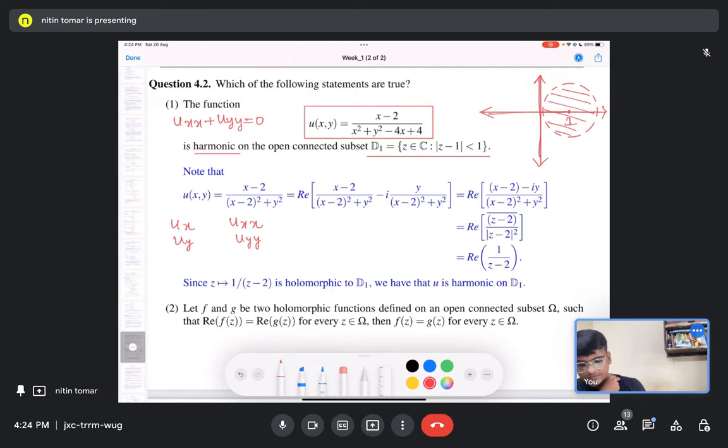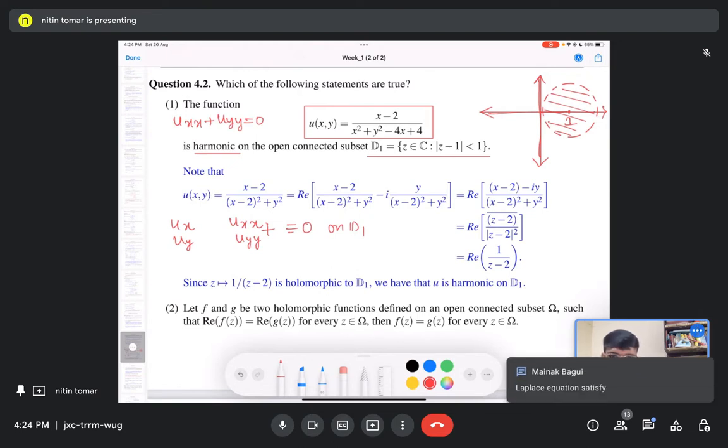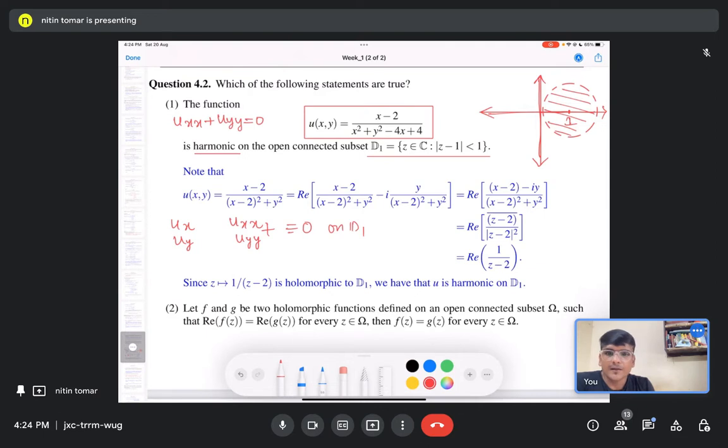You check whether these two, upon adding, give you 0 or not on D1. This is a simple, straightforward trick, right? Without any confusion, we know how to differentiate. Exactly, this is called the Laplace equation. So you can check it.